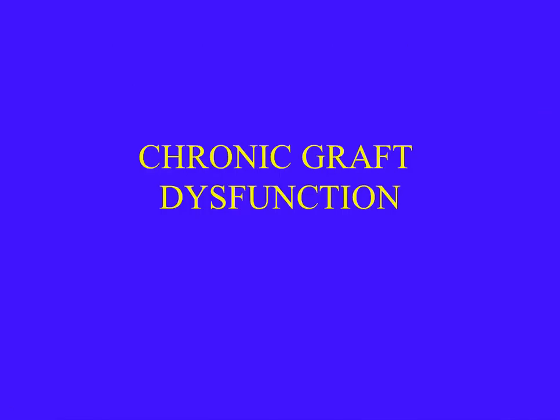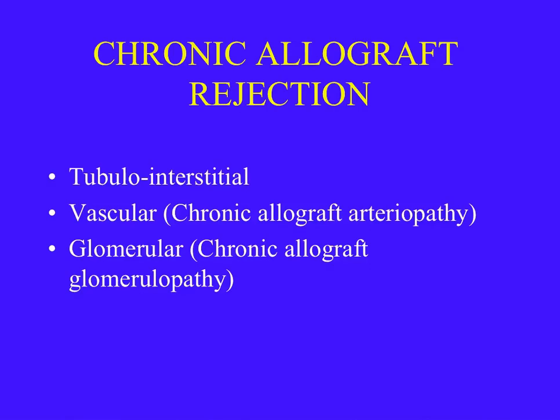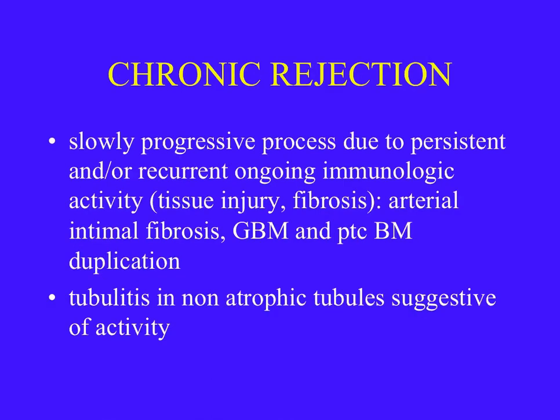The gradual loss of graft function is yet another common problem, with the median graft survival being just up to 10 years. The decline in function may be a sign of chronic rejection that usually affects all of the different components in our tissue, the tubules, the interstitium, the vessels, and the glomeruli, and is usually the result of a slowly progressive process due to persistent and/or recurrent ongoing immunologic activity.